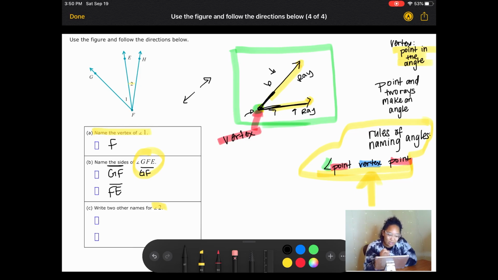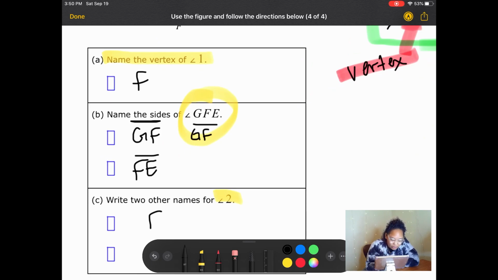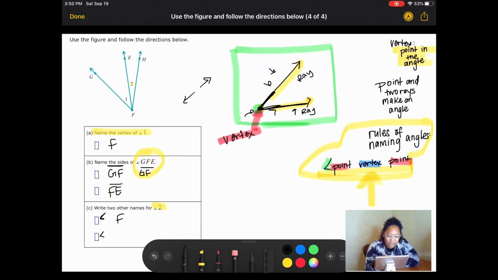So if the vertex is F, I know I have to put the F in the middle, and I put my angle symbol in the front. So I have E, then my vertex F, and then H. Like I said here, point, vertex, point. So I have point E, vertex F, and then point H.